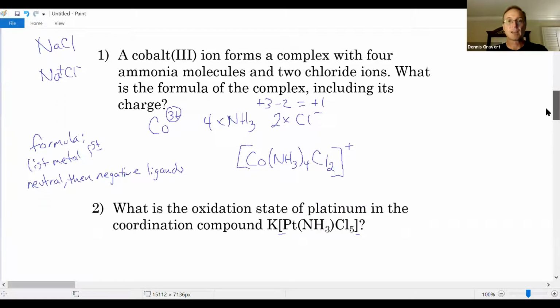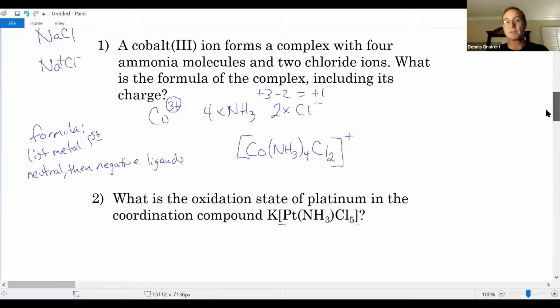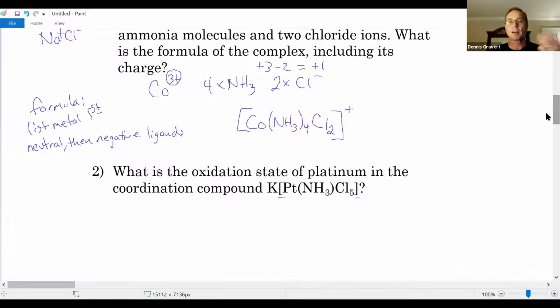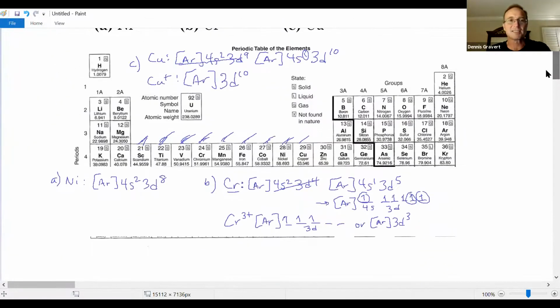Okay. What's the oxidation state of platinum in this coordination compound? Okay, so we've got our brackets. What's this K out in front then? Well, it's not covalently bound. If it was, it'd be inside the brackets. Nope, that K, well, you get a periodic table. So if you don't have potassium memorized, it's right here, element 19.